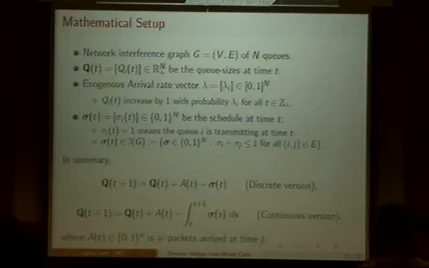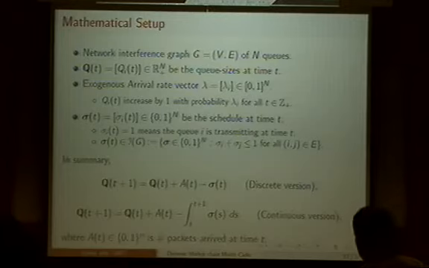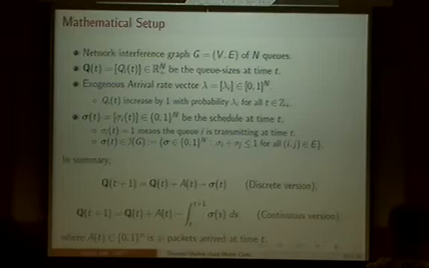But you can also think about the continuous version. This is plus, minus, but this is an integral. Essentially, these two versions are not that different. Our algorithm will be in the continuous version, but one can easily convert our algorithm to the discrete version. Any questions?